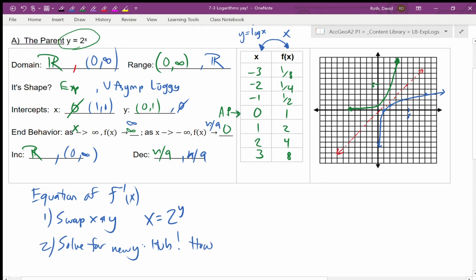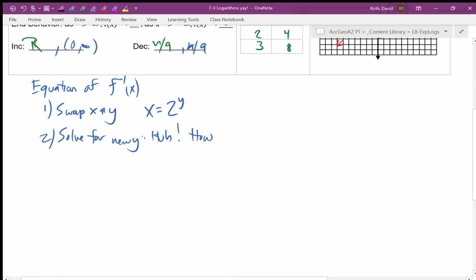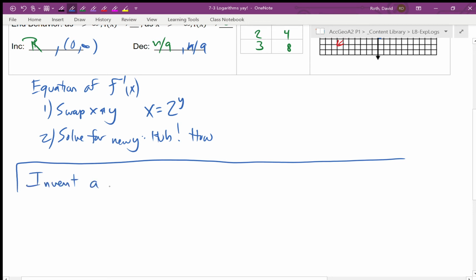So we're going to take the liberties that only a mathematician can. I'm going to invent a log function, because I can. Throughout this, notice that we're trying to solve for this y, correct?